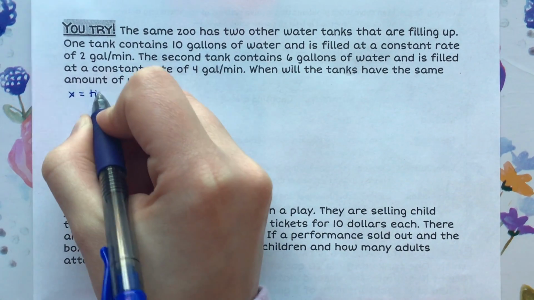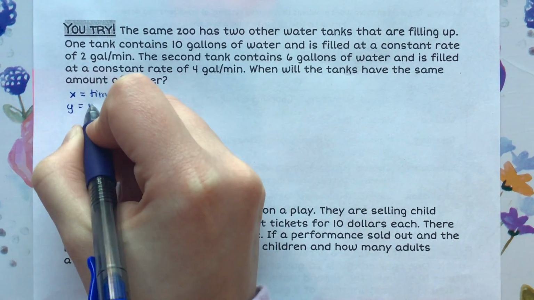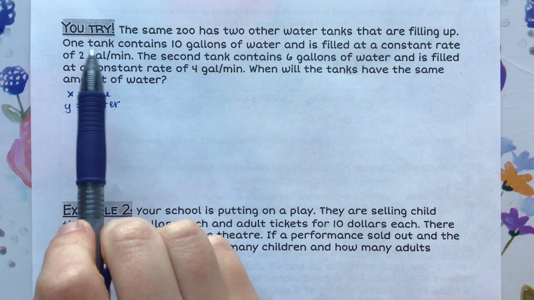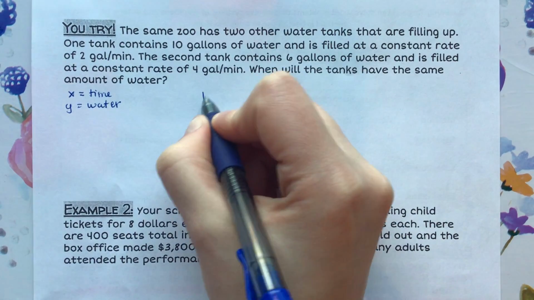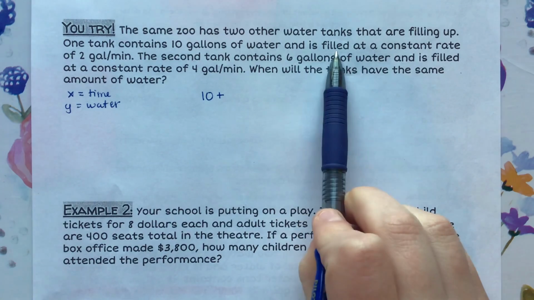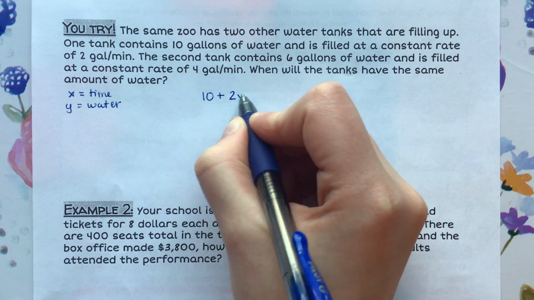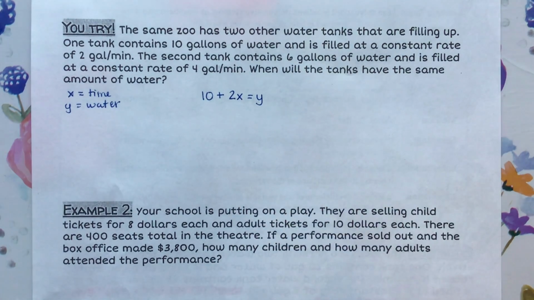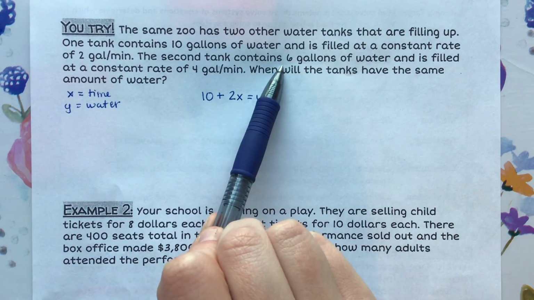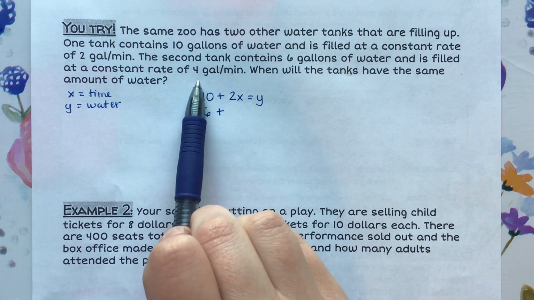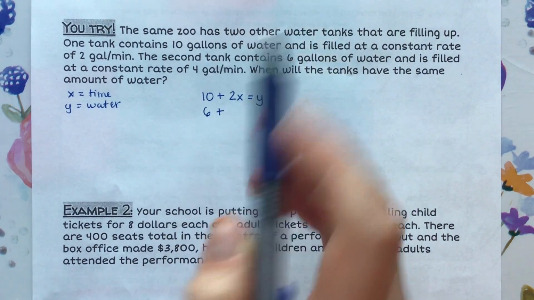So x is going to equal time, y is equal to water, and we need an equation for the first tank and an equation for the second tank. So one tank, it begins at 10, and it is filled at a constant rate of 2 per minute. So that's going to be 10 plus 2x is equal to y. And then the second tank begins with 6, and it's filled at a constant rate of 4 gallons per minute.